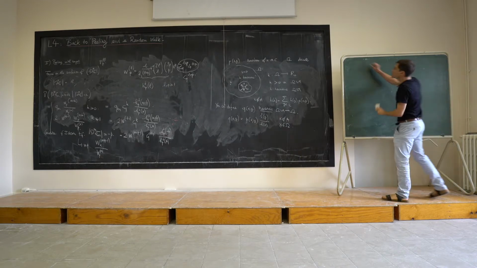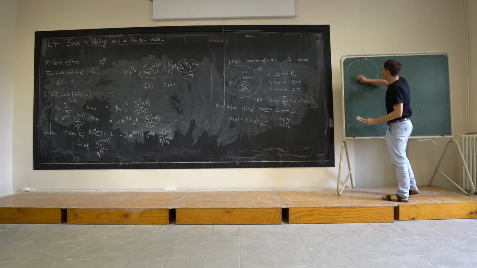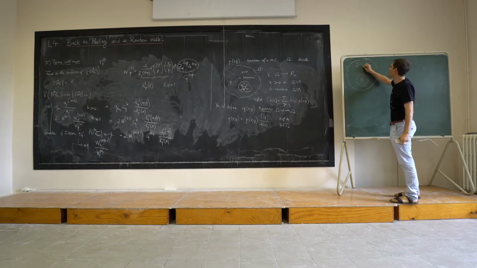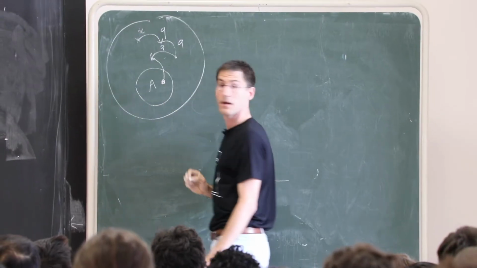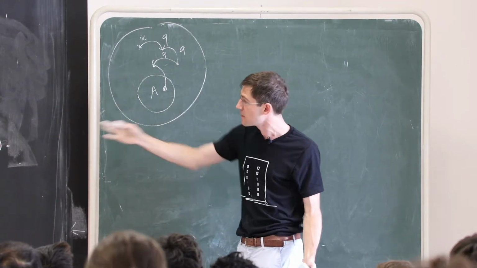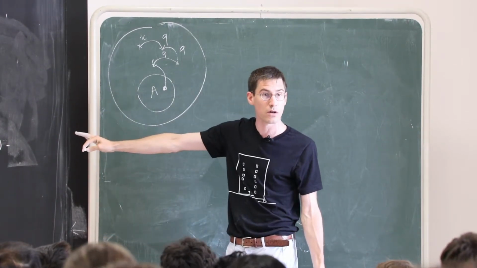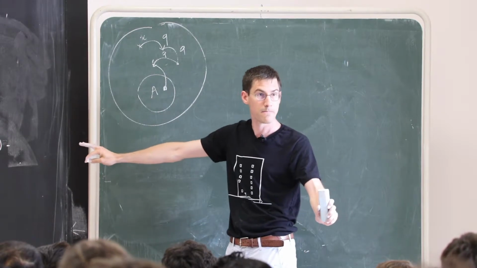You can consider the chain that starts from some x here, follows the transition q, follows the transition q, follows the transition q, until you enter A. If you enter A, your transition is not defined anymore, and so you stop.